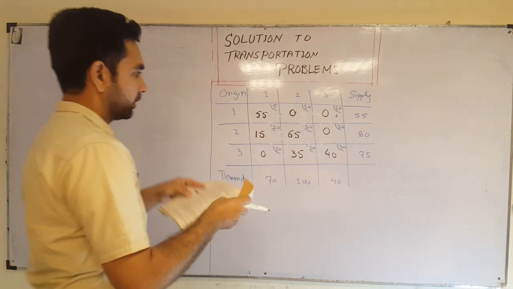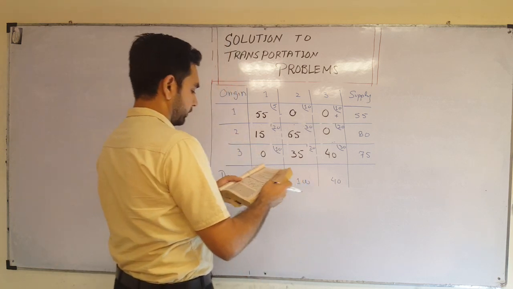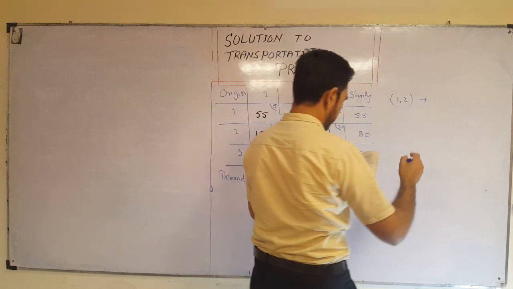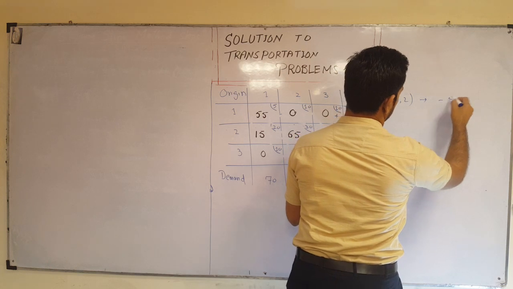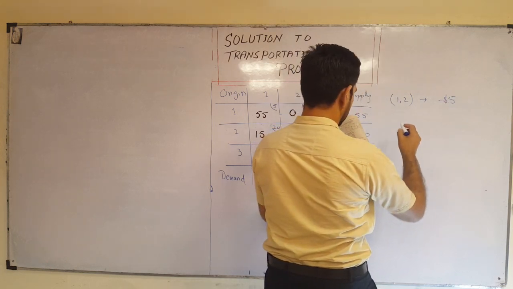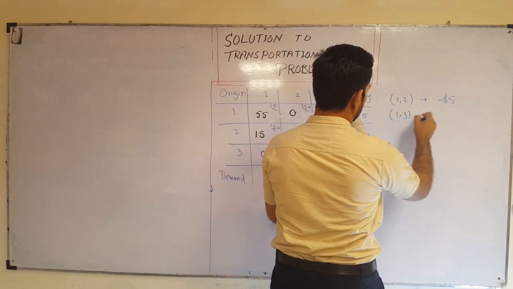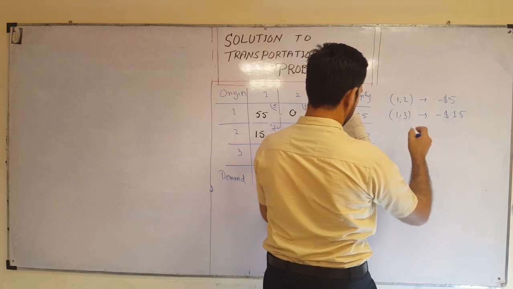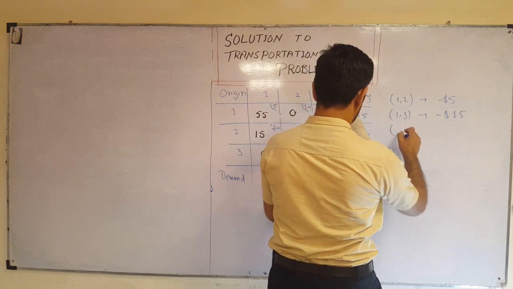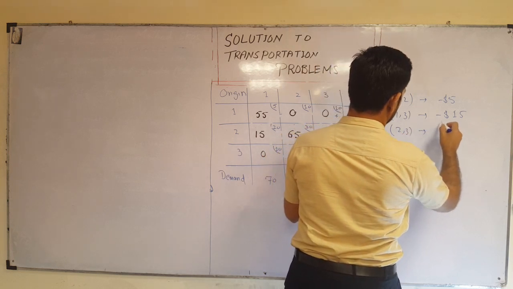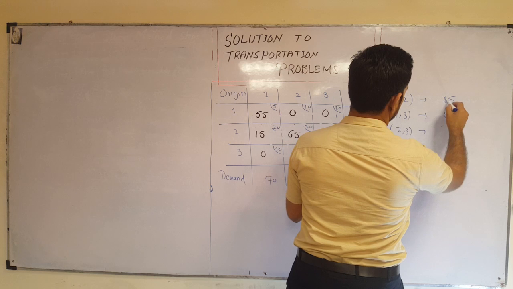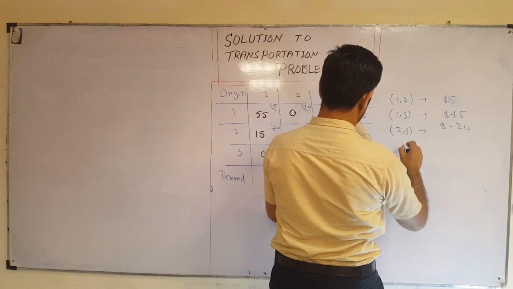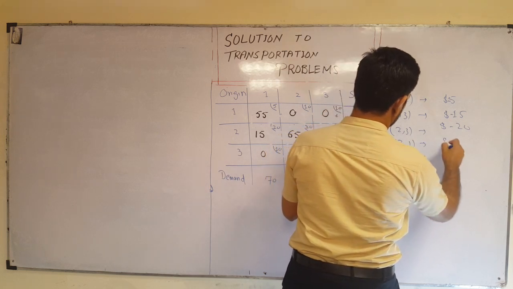So now what we have found out is that this one has minus $5 profit margin, this one has minus $15, this one has minus $20, and the last one has $0.